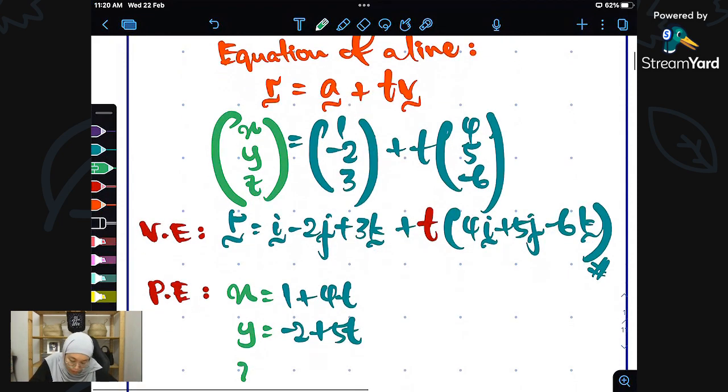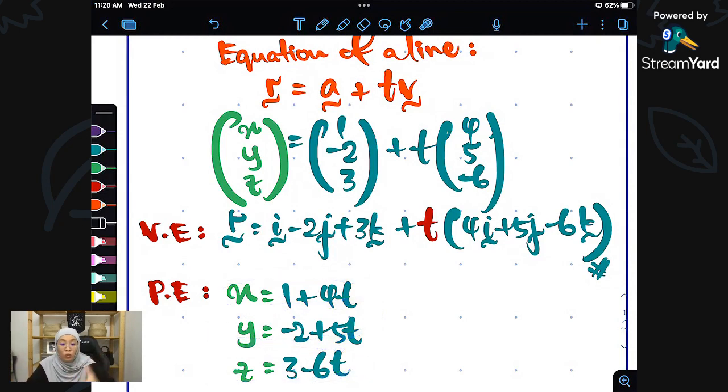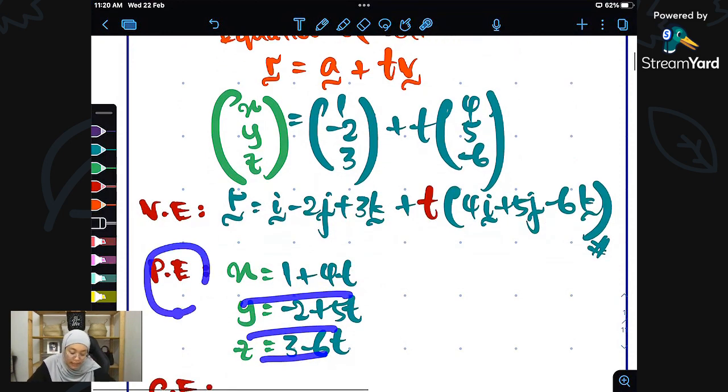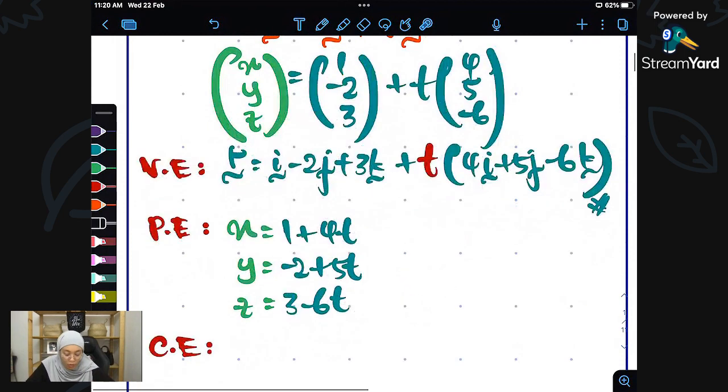Manakala Z pula adalah bersamaan dengan 3 tolak 6T. So basically you just write it in terms of 1 by 1 punya equation. X is equals to what? Y is equals to what? Z is equals to what? You write it down in 3 equations. Okay, itulah yang dinamakan sebagai parametric equation.